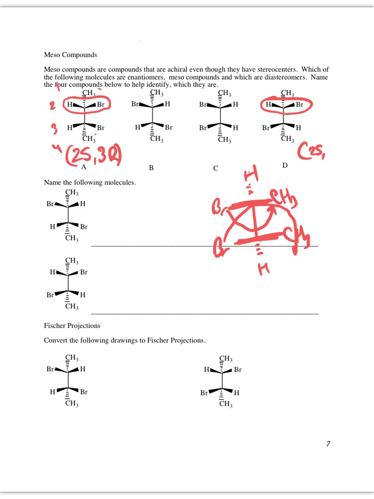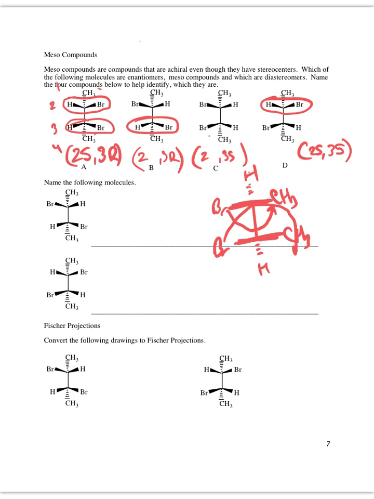Now the bottom one, every time our bromine is to the right, it has to be 3R, so this one has to be 2 something 3R, okay, and then these other two, the bromine and the hydrogen, are flipped from the first two, so they're going to have to be 2 something 3S, right? And this one's going to be 2S 3S.